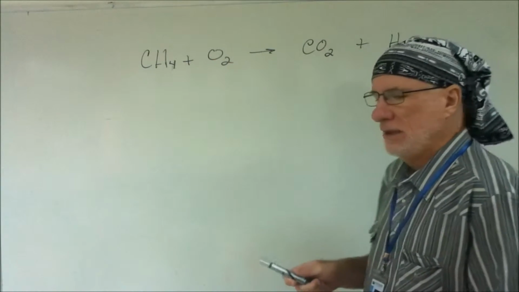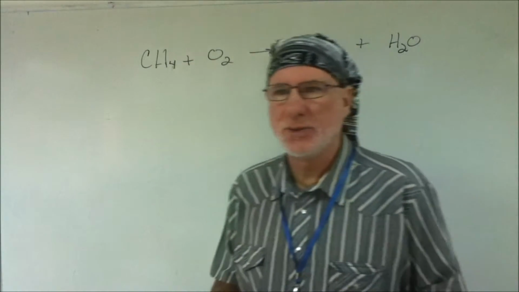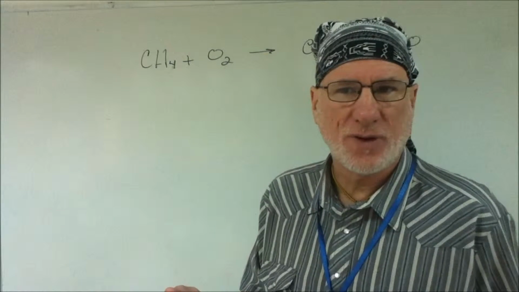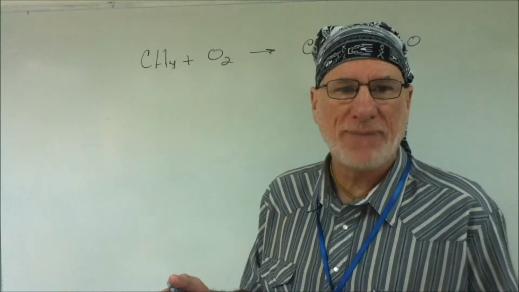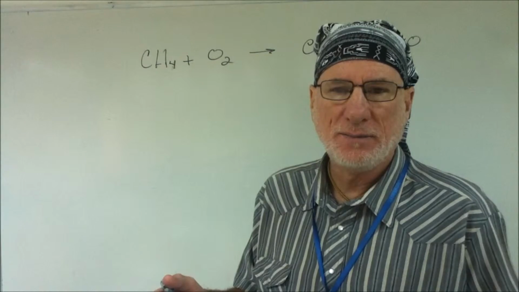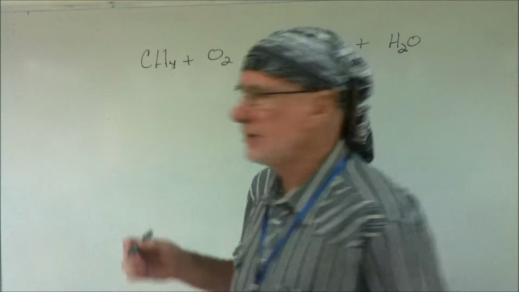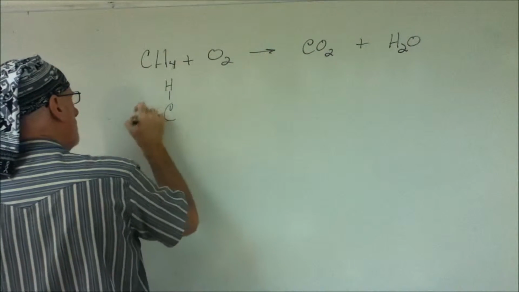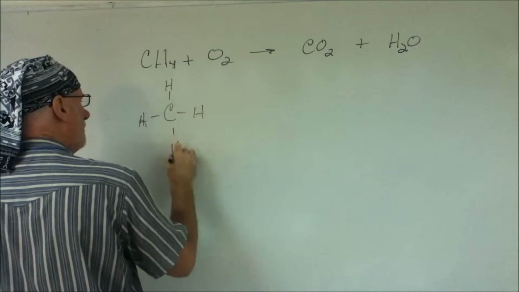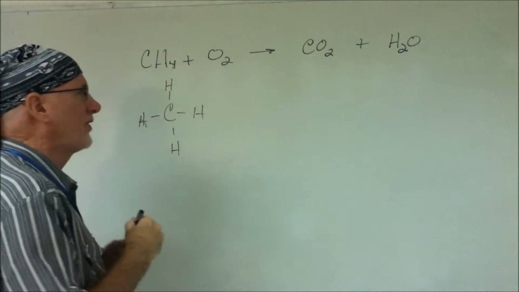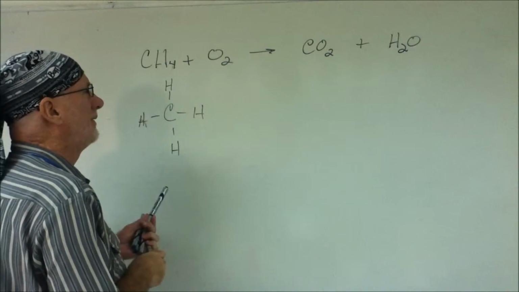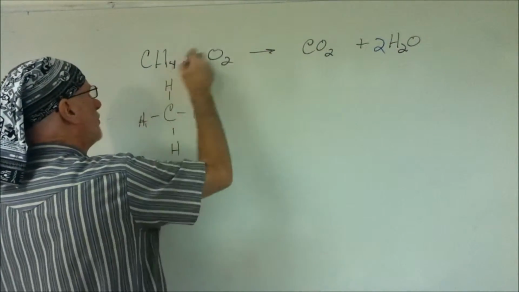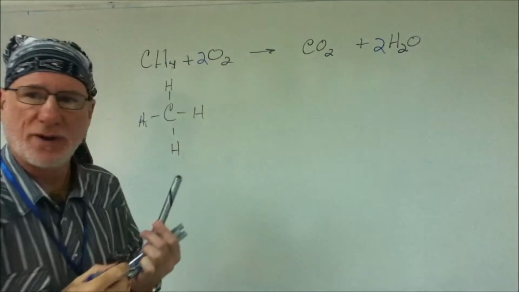All right, so what we've got to do is draw this by looking at the bonds. Now, you're going to take things from your chapter on bond geometric structures, correct? So this is methane, as you remember. Let's balance this first, shall we? We need a 2 here, and that's going to give us 4, and then a 2 here. So that's pretty straightforward, isn't it?